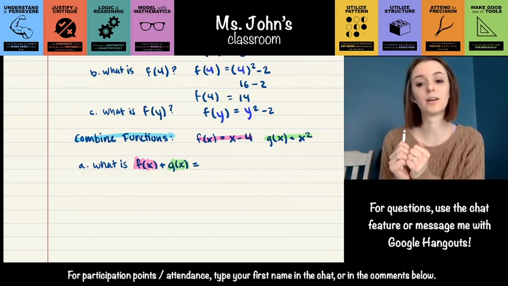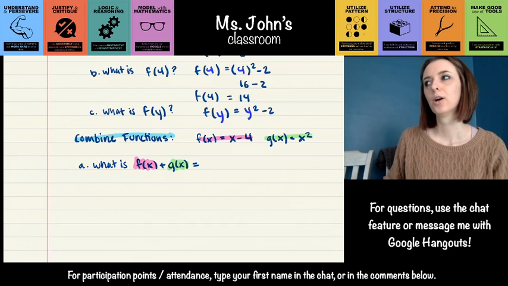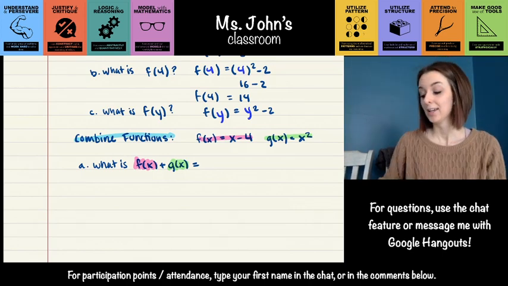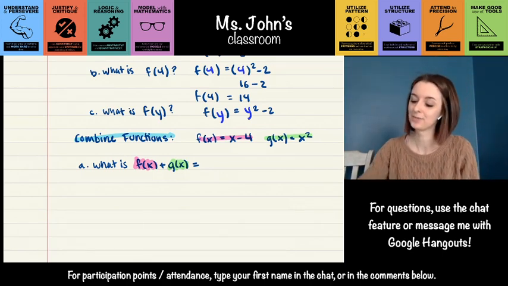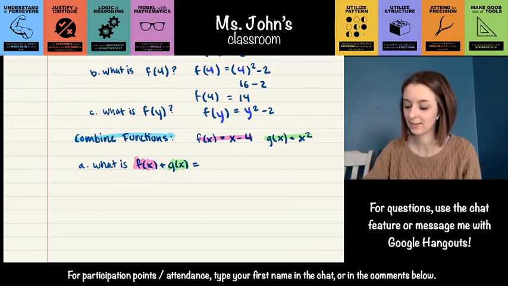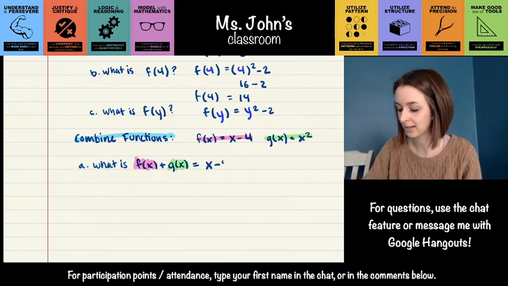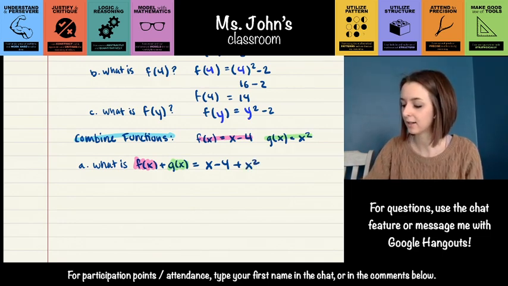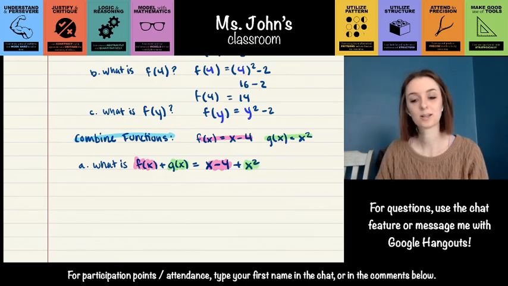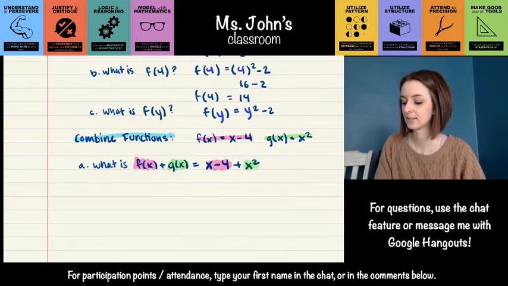We're going to just take the other half of what that function is and add those pieces together. So f of x plus g of x is just going to be x minus 4 plus x squared. This part having come from the f of x part, and this part having come from the g of x part. That's all it wants.